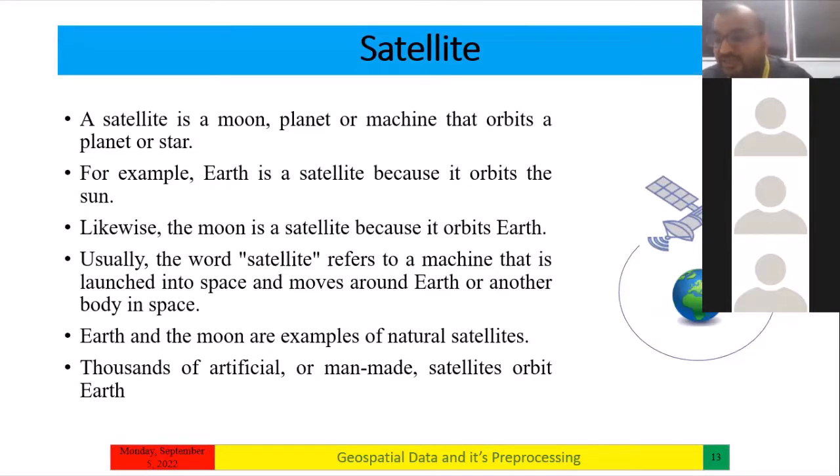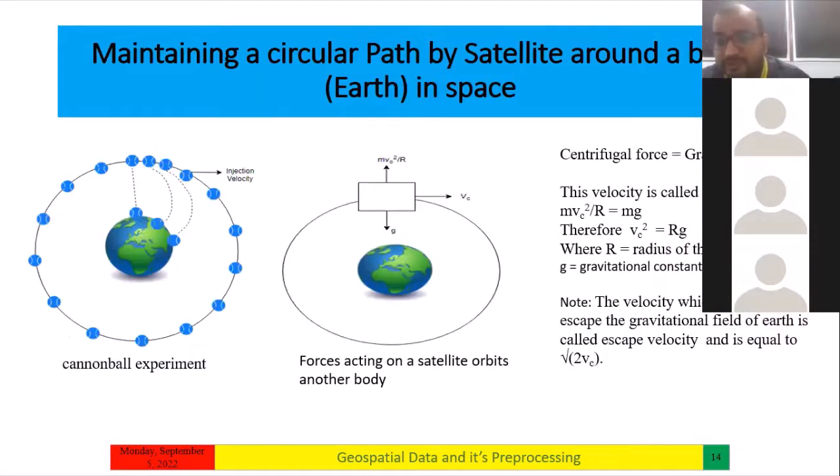Earth and Moon are natural satellites, and similarly we can have man-made satellites which can be launched into space, revolve around a certain planet, and keep tracking that particular planet which has been focused for the study or application.